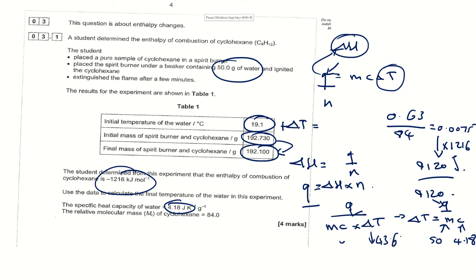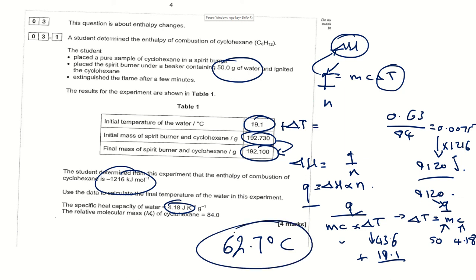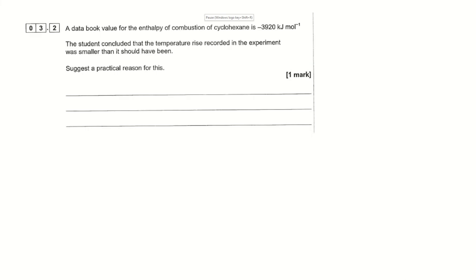But remember they're asking us for the final temperature. The initial temperature is 19.1, so it's 19.1 plus the 43.6. So my final temperature comes out at 62.7 degrees Celsius. Very good for those of you who got that correct.